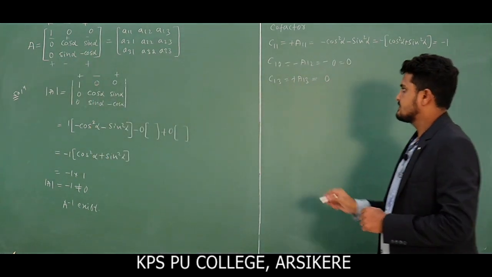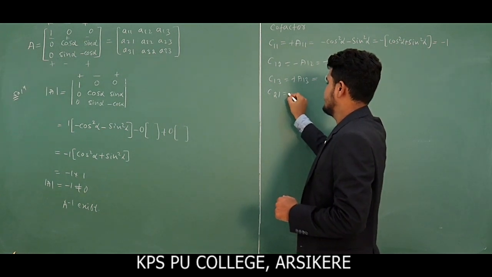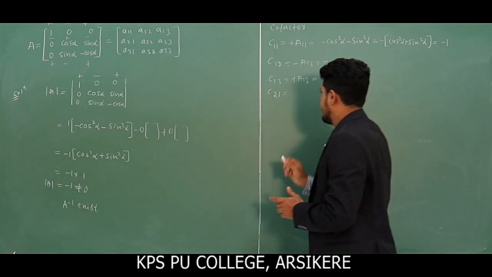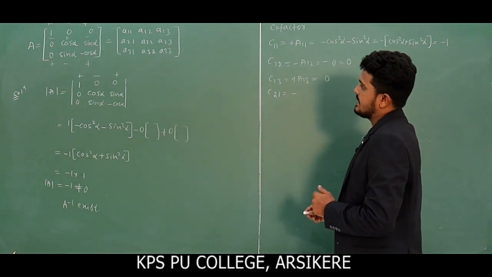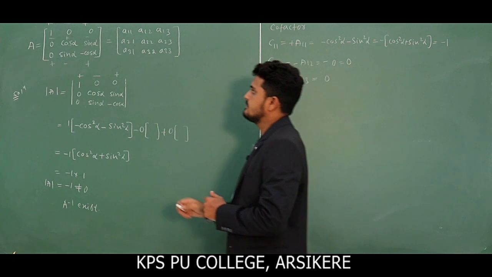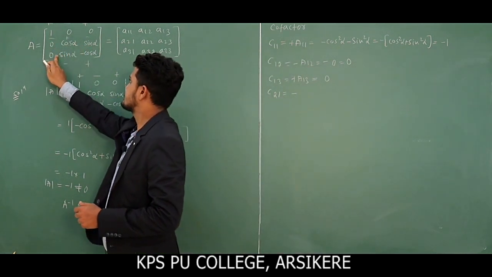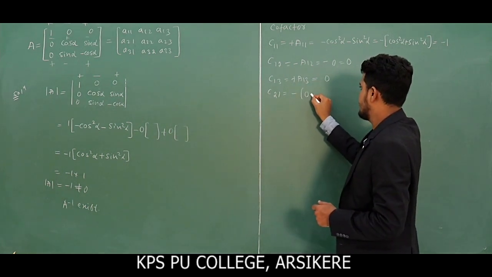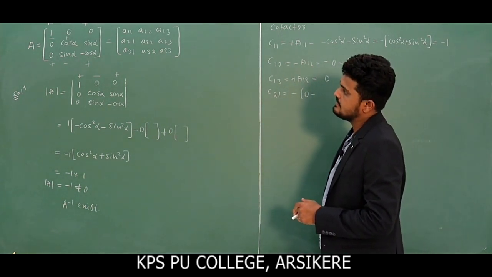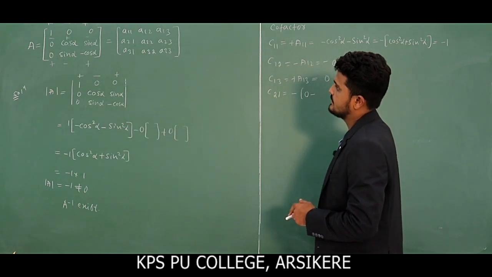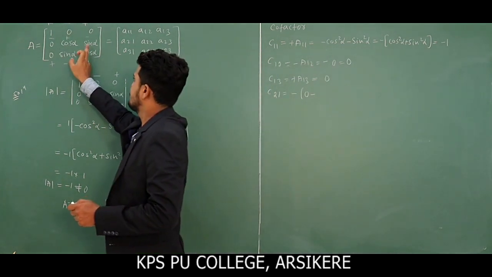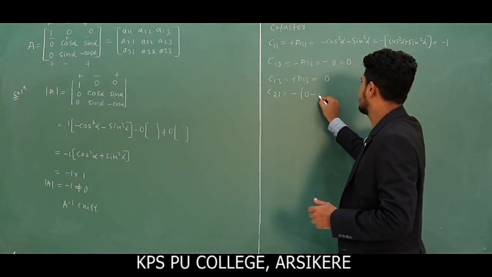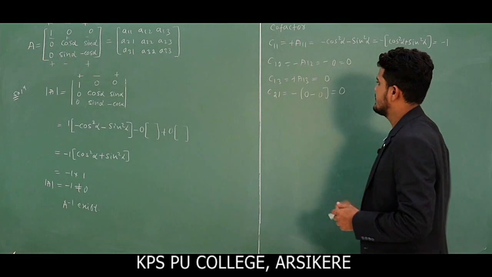Next C21. C21 is the sign minus of A21, eliminating second row, first column: 0 into minus cos alpha, 0 minus of sin alpha into 0, so 0 into cos alpha is 0, 0 into sin alpha is 0, which is equal to 0.